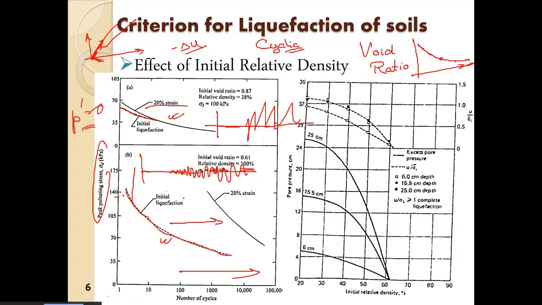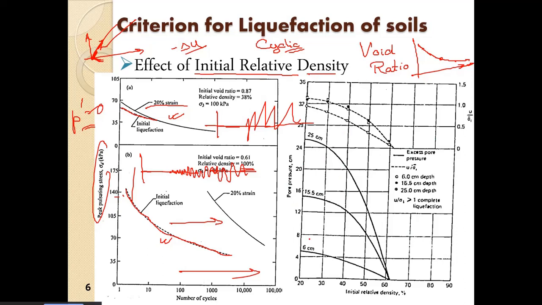Obviously, if we now stop the cyclic loading and apply monotonic loading, with shearing the shear resistance will increase, and you need a significant amount of deviator stress, which means the soil will ultimately be stabilized. So that is the effect of initial relative density.